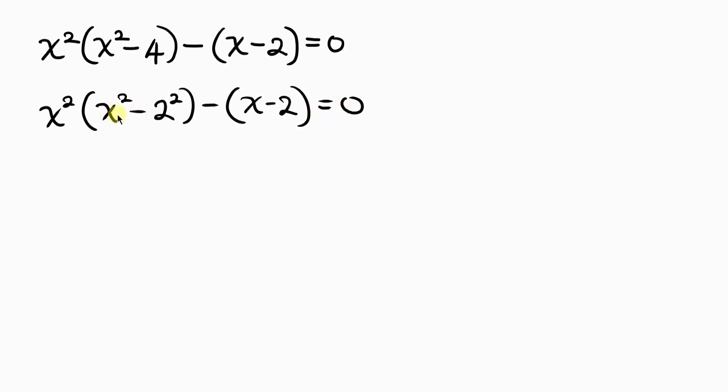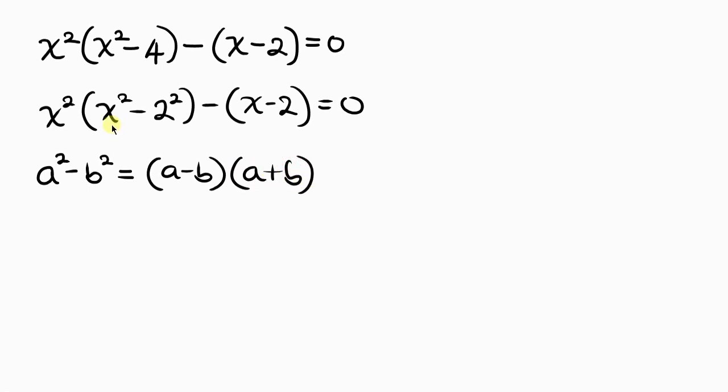Now notice that we have difference of two squares here. And difference of two squares, for example, when I have a squared minus b squared, can be written as a minus b times a plus b. So we're going to be expressing this like this.